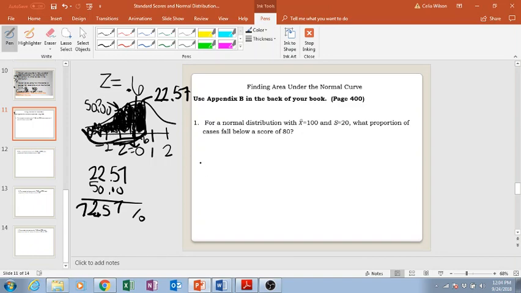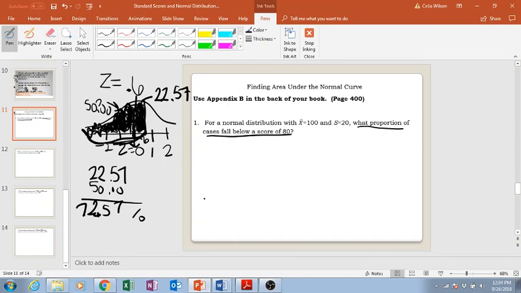Okay, so for a normal distribution with a mean of 100, and for me, what I like to do is really think about first, okay, well, what are they asking me? All right, what proportion or percentage of cases fall below a score of 80?